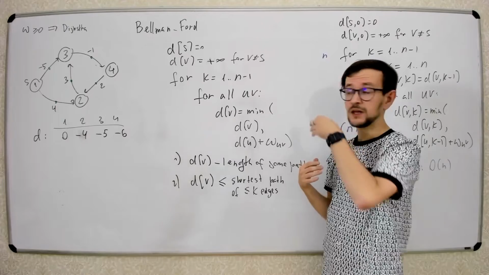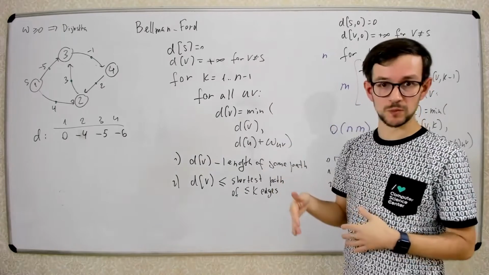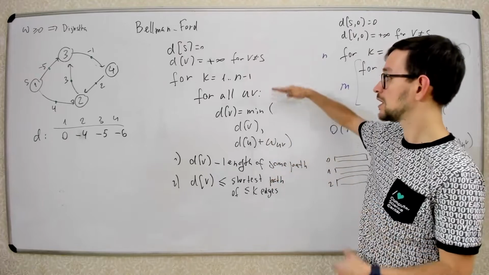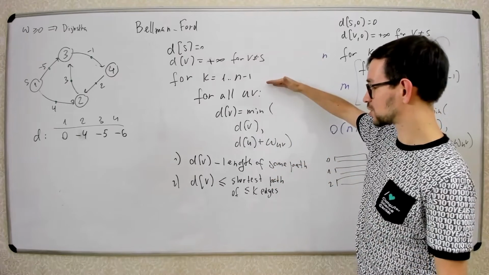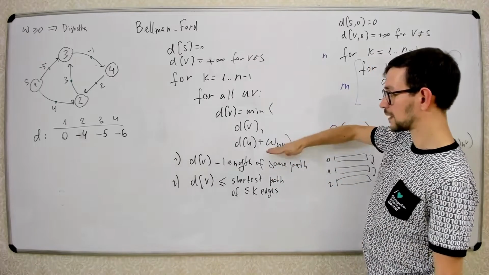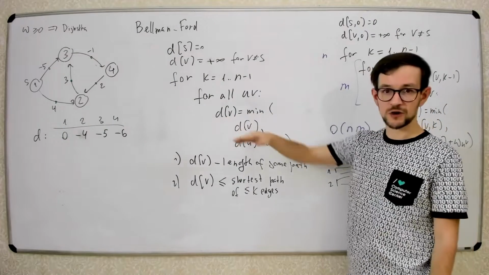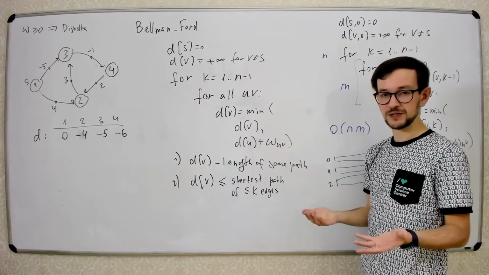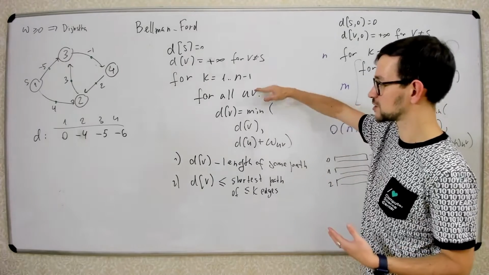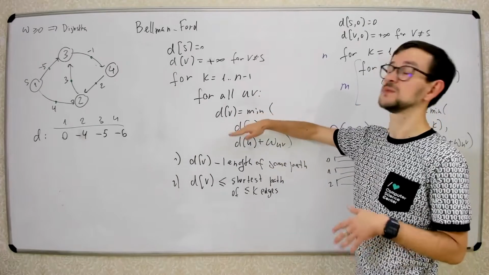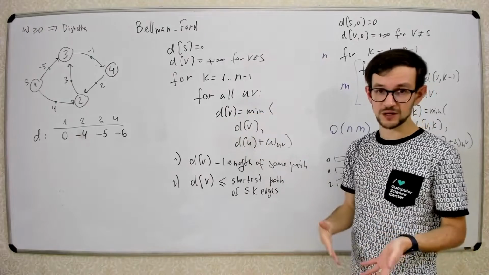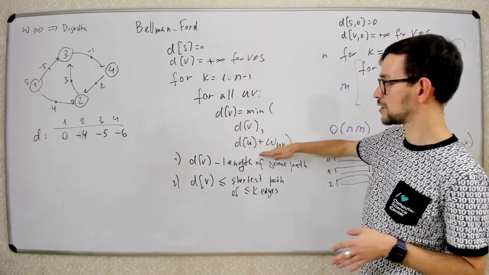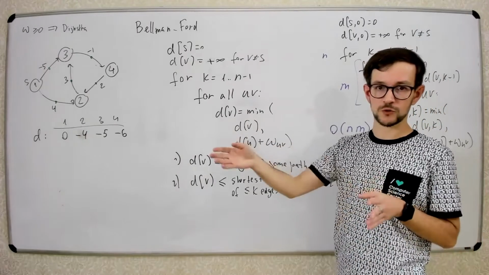What does it mean? It means that these values will no longer be changed in all future iterations. So if at some iteration we apply this loop and all the values in array D didn't change, it means we have the final values of array D, because on all other iterations they will still have the same values. If all these values didn't change in one iteration, they will not change in all future iterations.